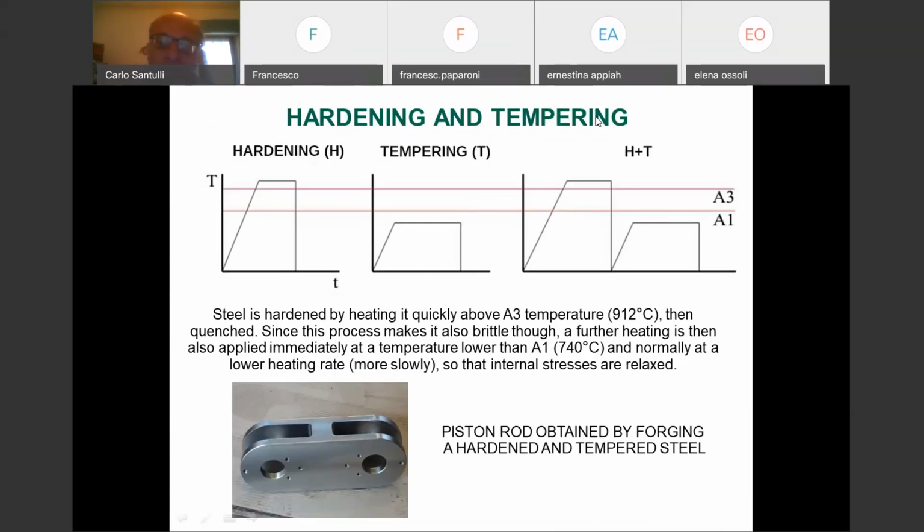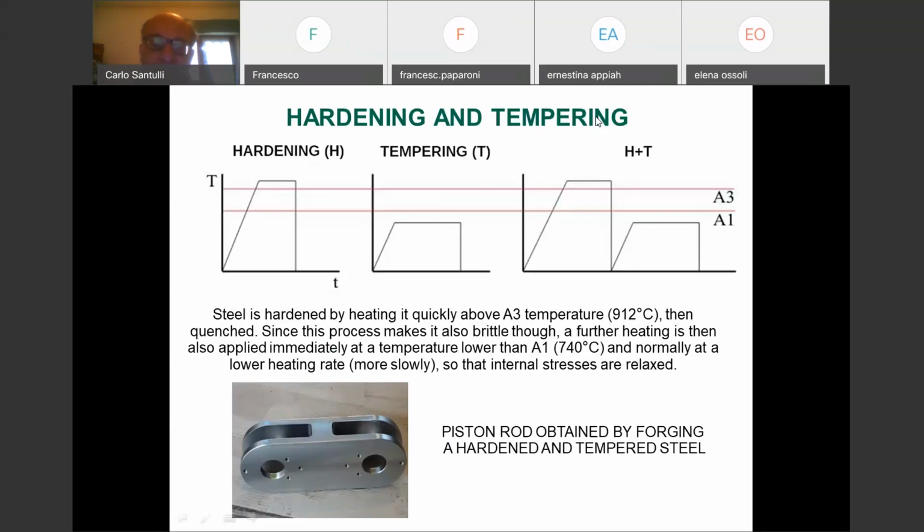If you come back to the iron-carbon phase diagram, you can see two particular temperatures, which are 912 degrees and 740. By hardening, you overcome both of these temperatures.